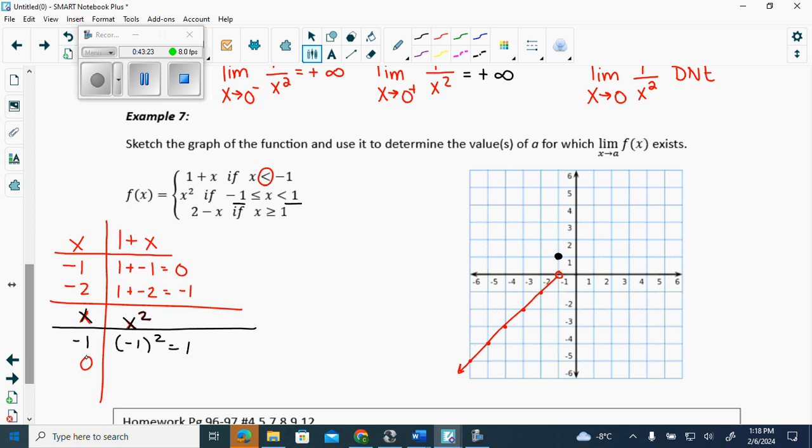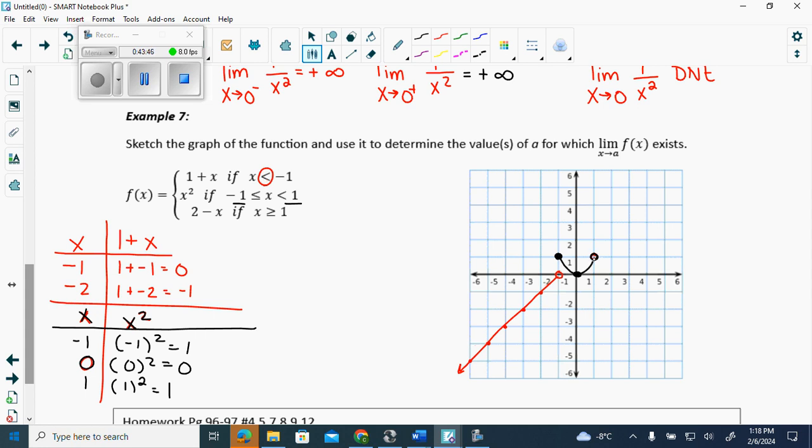I plug in 0. I get 0 squared, which is 0. Then I plug in 1. 1 squared is 1. It's an open dot because it's not equal to. So we have this.